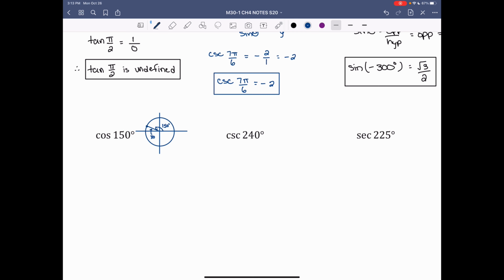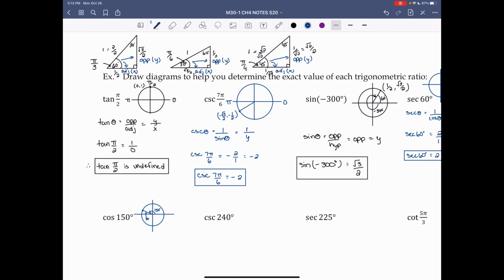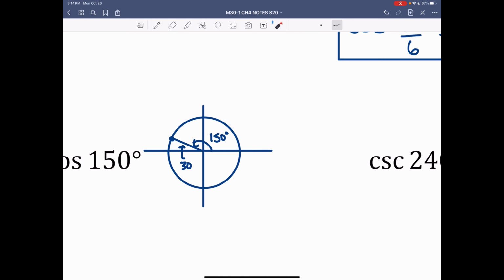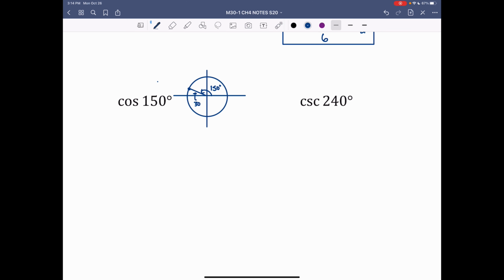So look at our special triangle 30, 60, 90 from 30 degrees. We have from 30 degrees, our x value is √3/2 and our y value is 1/2. We are in quadrant 2, so the x value is going to be negative. So negative √3/2 and y value is positive 1/2.